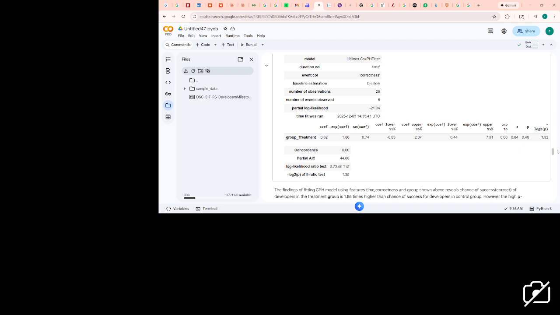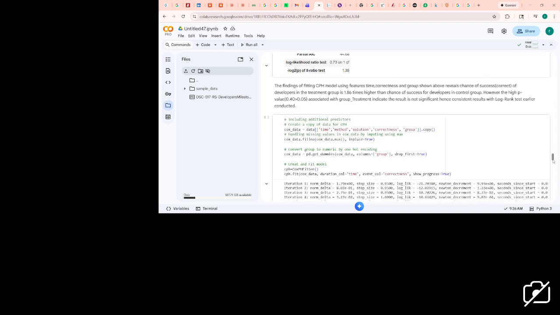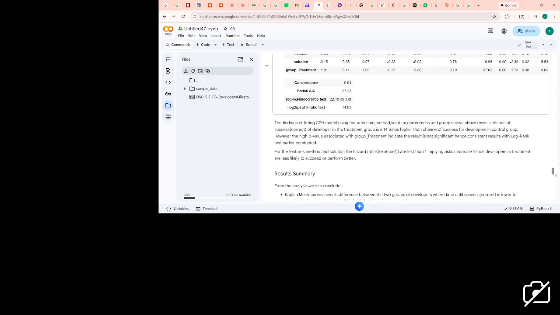However, if we check the significance of the result, the p-value is 0.04. We can see it is greater than the significance level at 95%, and therefore the difference is not statistically significant.